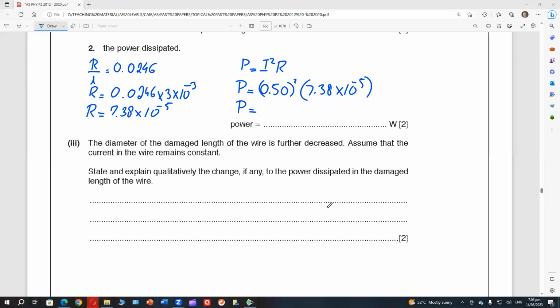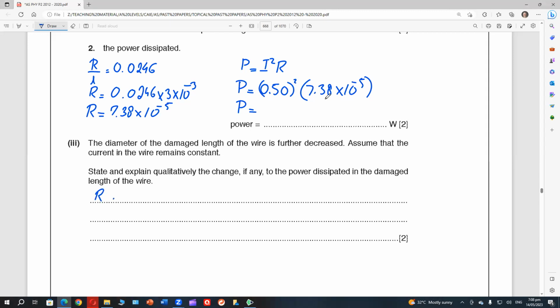Resistance increases. I think if the diameter increases, the area increases, so they are inversely proportional, the resistance and the area. Area is decreasing now. Area decreasing, resistance will increase.